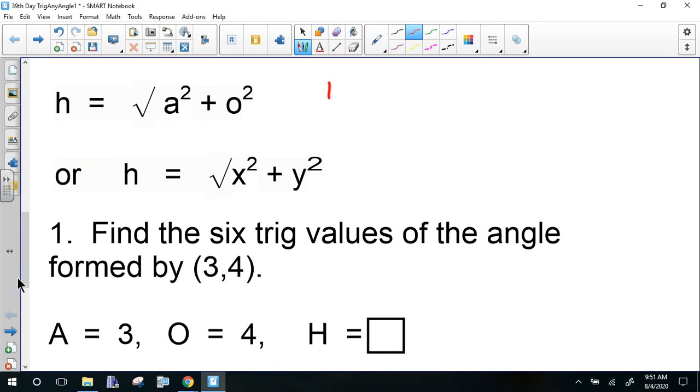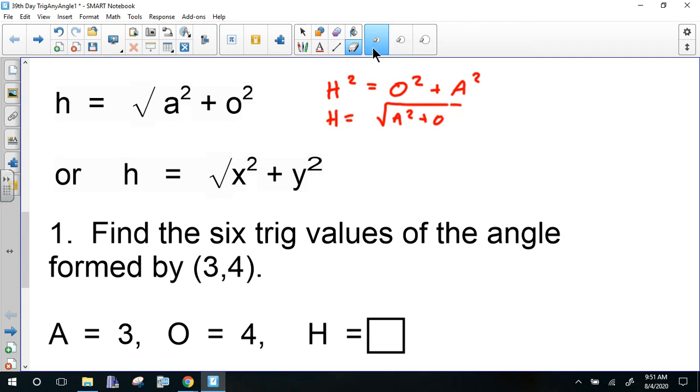So remember, we used hypotenuse squared equals opposite squared plus adjacent squared. And if we solve for h, we get the square root of adjacent squared plus opposite squared.